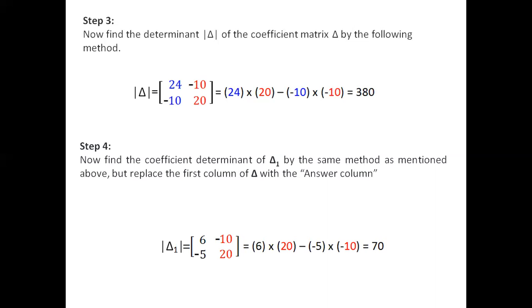Again find the determinant: 6 into 20 minus 10 into 5, because minus and minus is plus, right? So 120 minus 50, that is 70. This is delta 1.